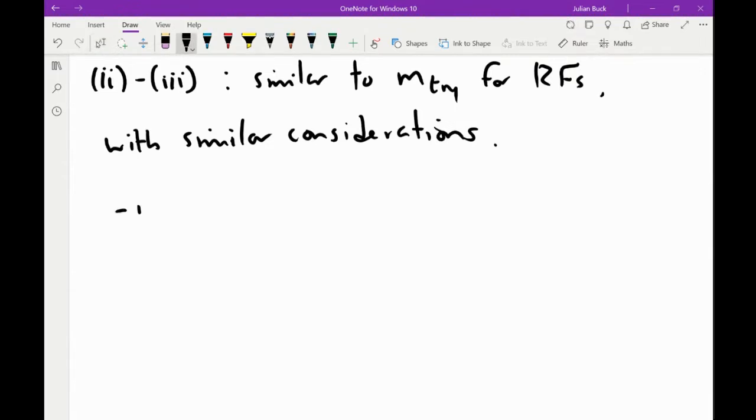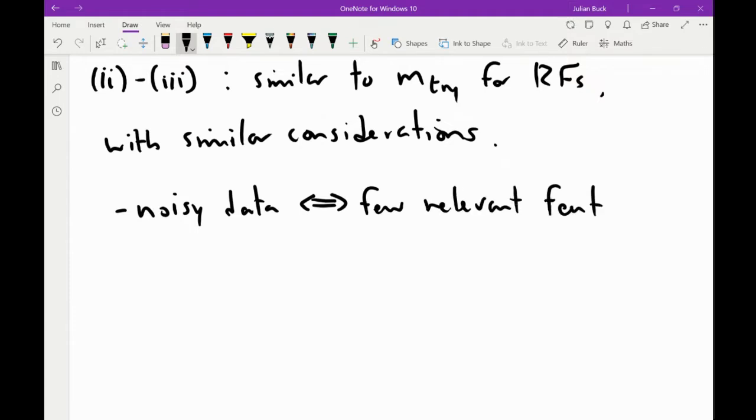Remember that if we have noisy data corresponding to few relevant features, what do we do in this case?